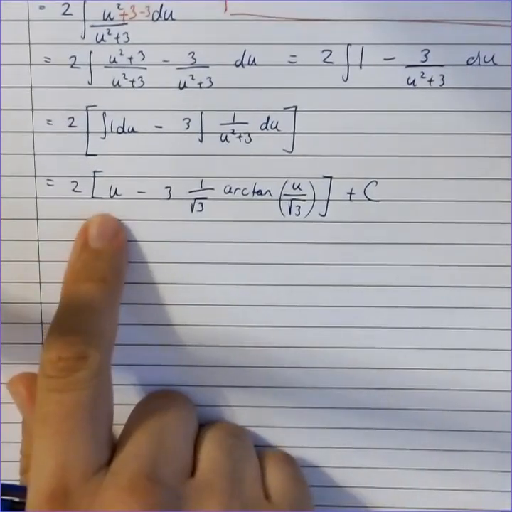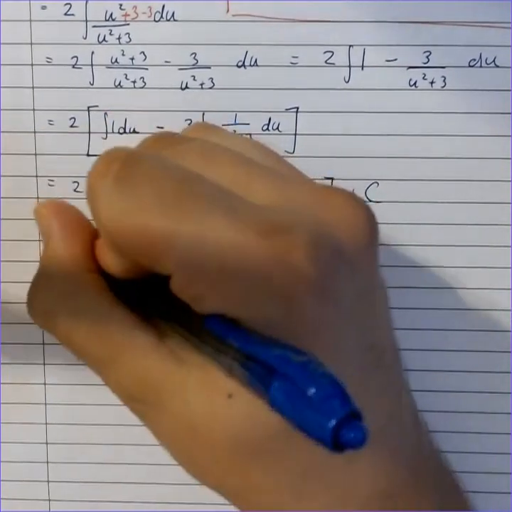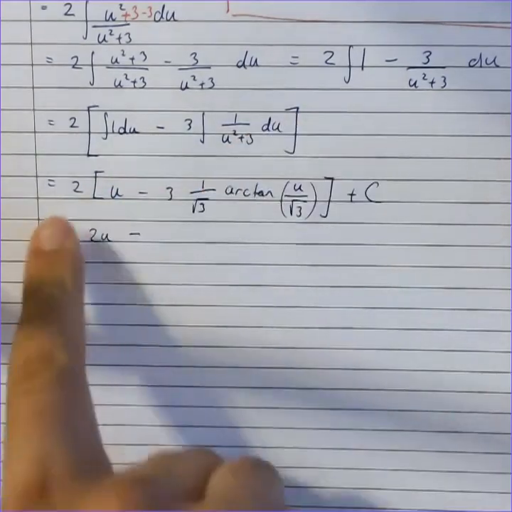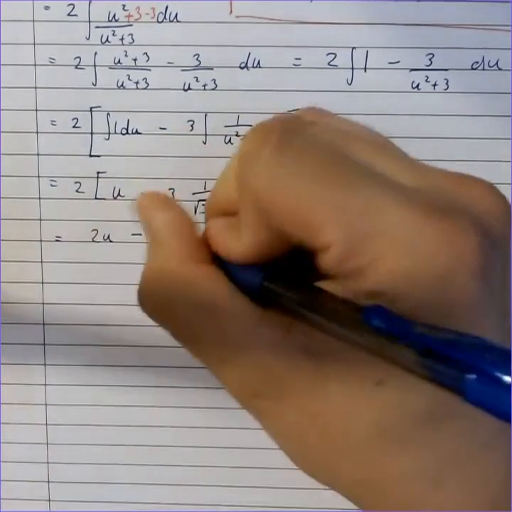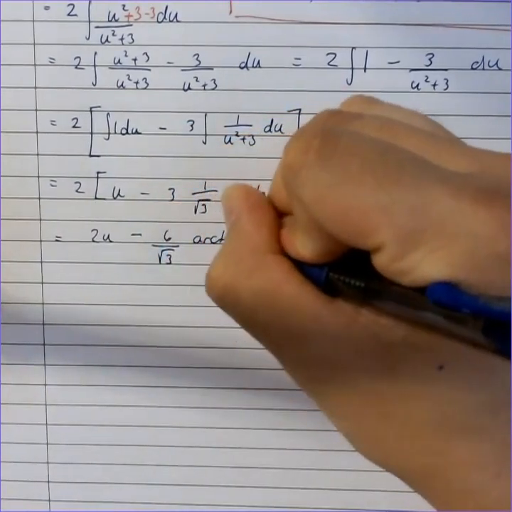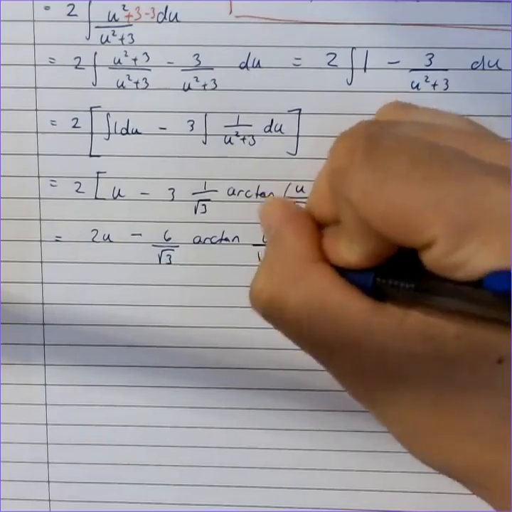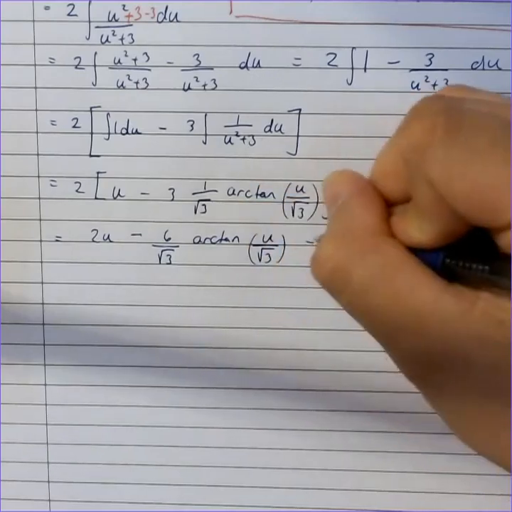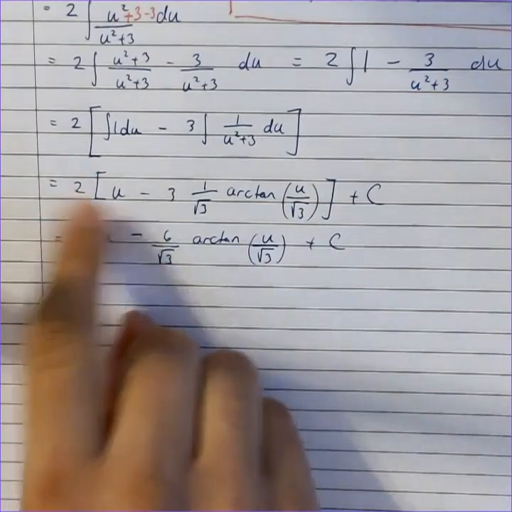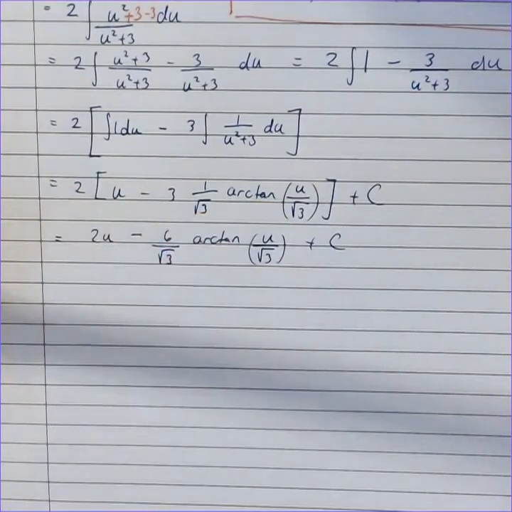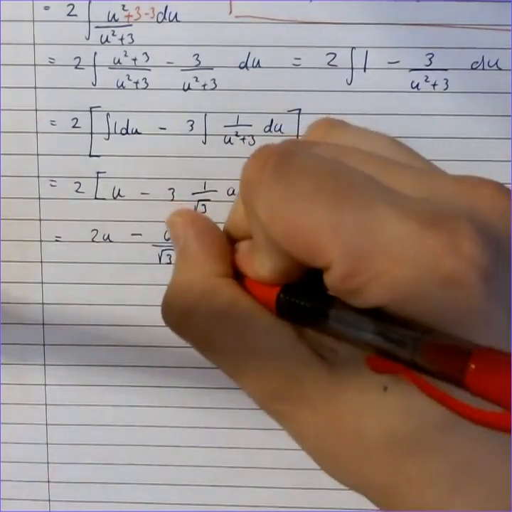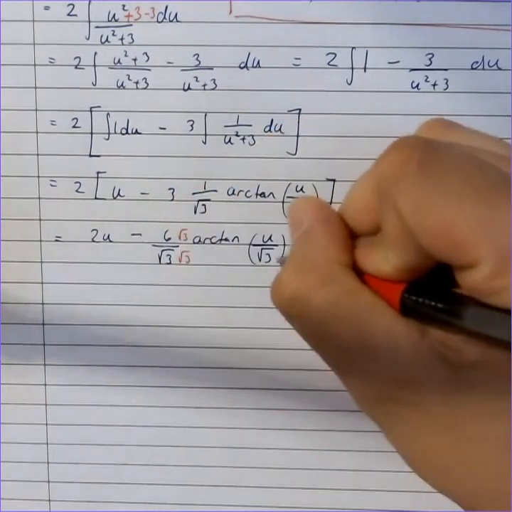Let me simplify first. I can write that as 2 times u, minus 6 over root 3 times the arctangent of u over root 3, plus a constant of integration. I've gone ahead and distributed that 2 throughout and multiplied those together. Note that I can rationalize those denominators. Let me multiply by root 3 top and bottom.